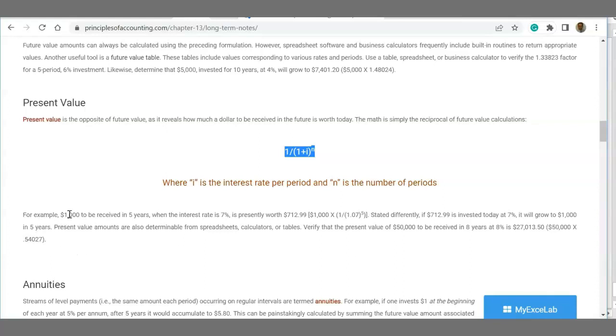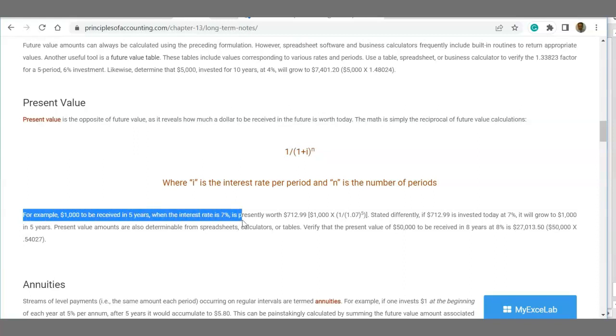So for example, $1,000 to be received in 5 years when the interest rate is 7% is presently worth $712. So if I want to give you $1,000 5 years from now with the 7% annual interest rate, that is today worth $712.99.